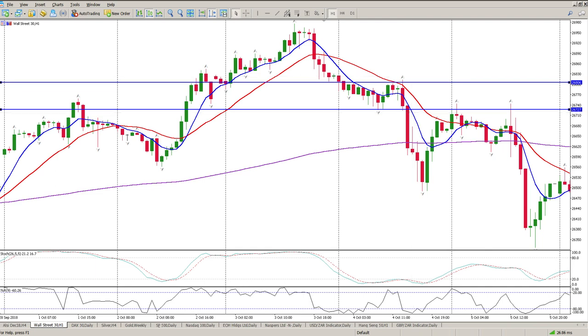For a 105 point trade, you're looking at probably a 10 or 20 cent contract. So always only risk 2% of your capital.